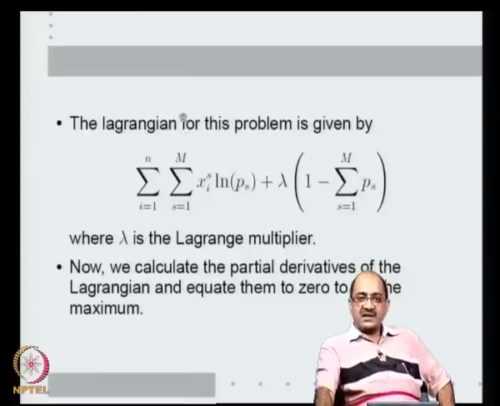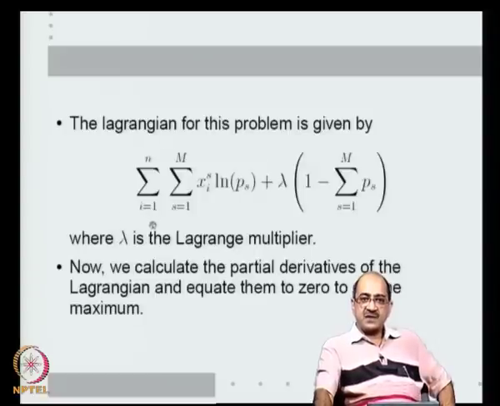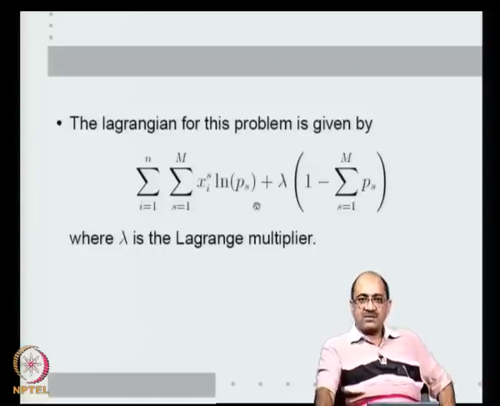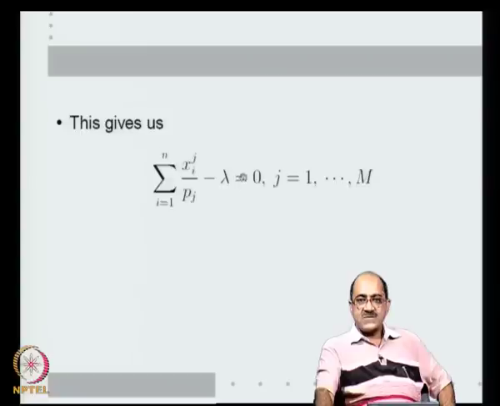So, when I take the derivative of the first term with respect to p_j, it becomes the summation i equal to 1 to n of x_ij by p_j.